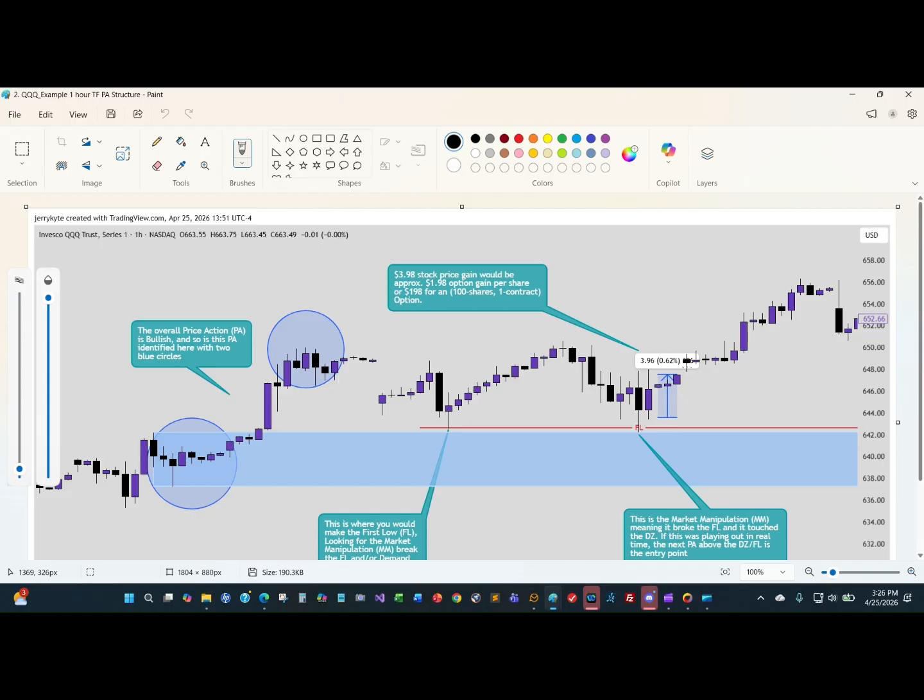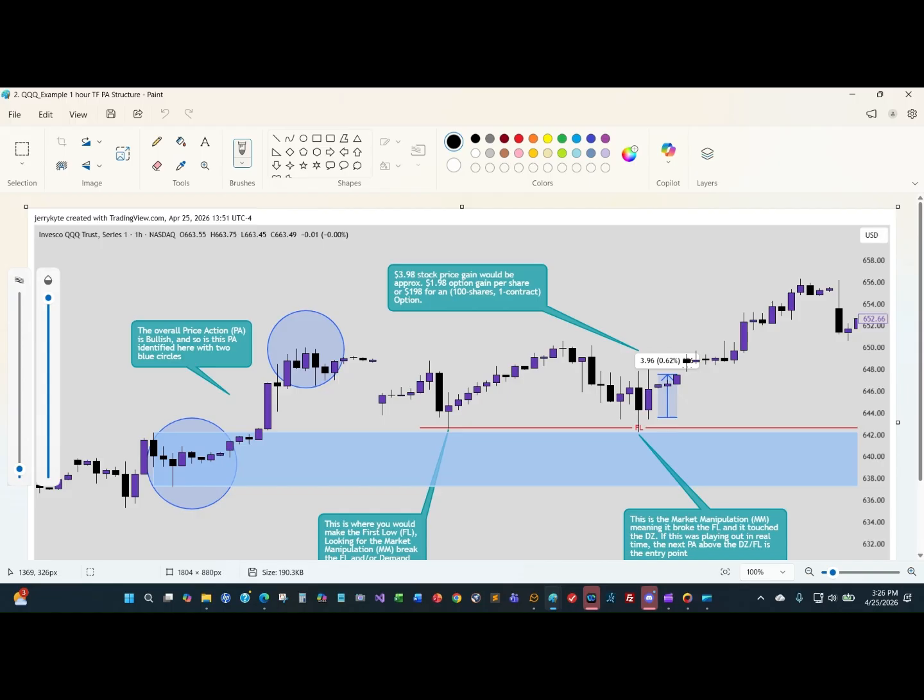But say worst case scenario, you would have had a $3.96, let's call it $4 change in the price action on the stock. And what that means is typically your delta on your option is 50 cents. So every dollar that the stock goes up in price, the contract goes up 50 cents.